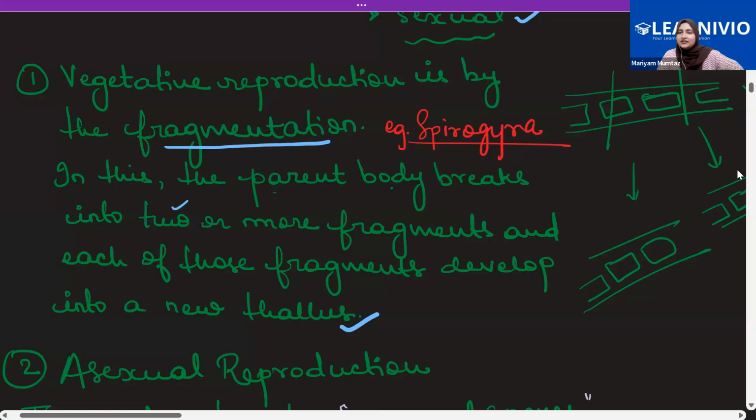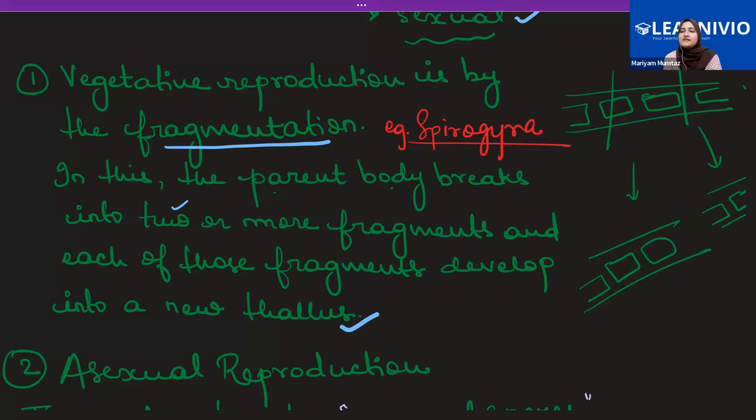They do sound almost similar, but in regeneration, they grow back their body parts, right? It's the original organism itself. So here also, Spirogyra's body parts only are going to get fragmented, and each of those fragmented body parts are only going to become Spirogyra. So what is the difference?